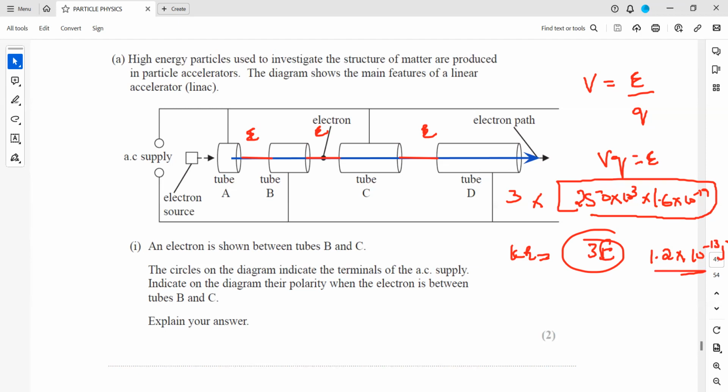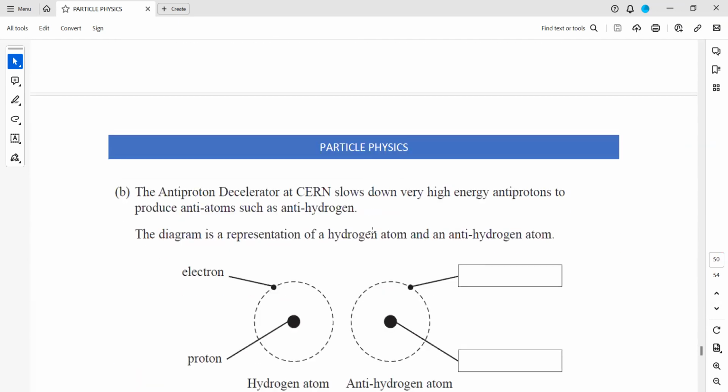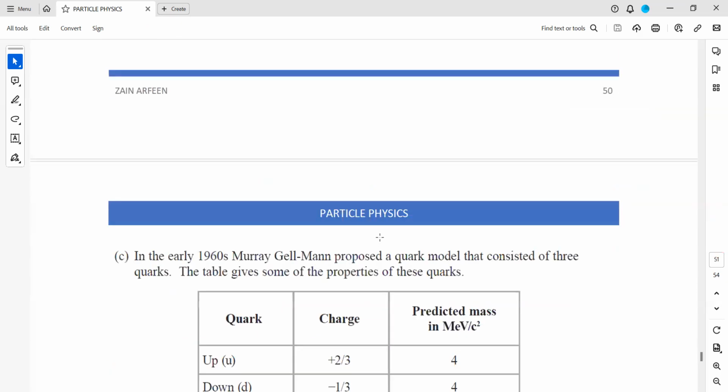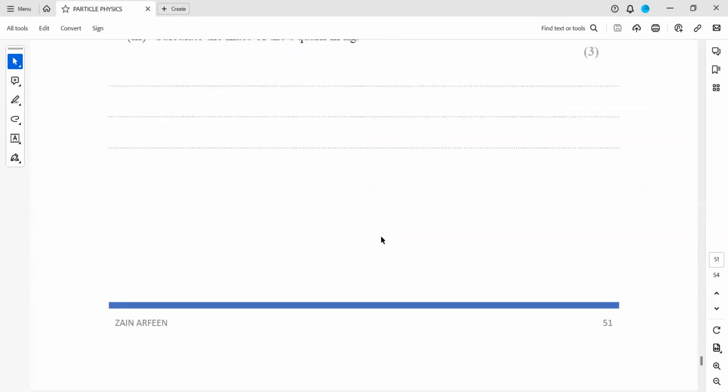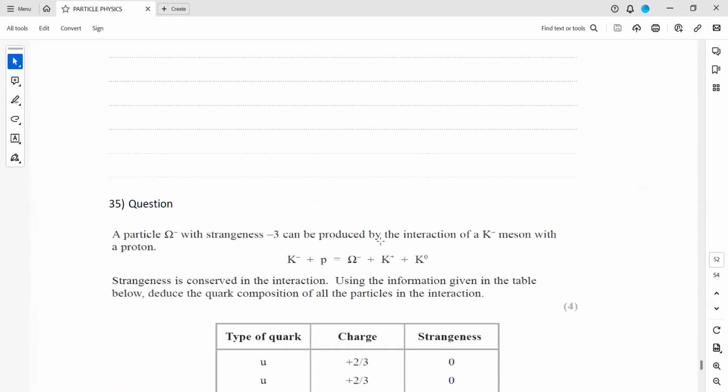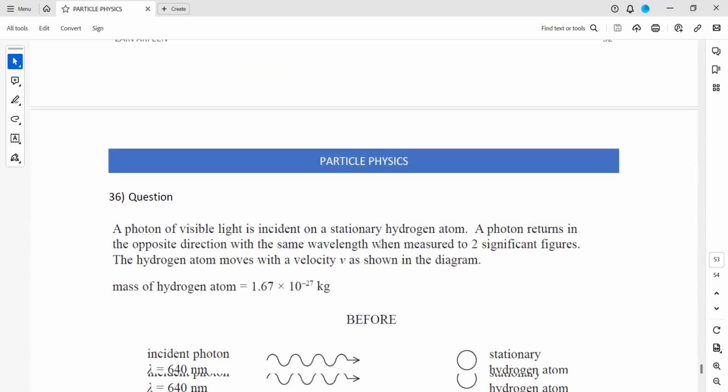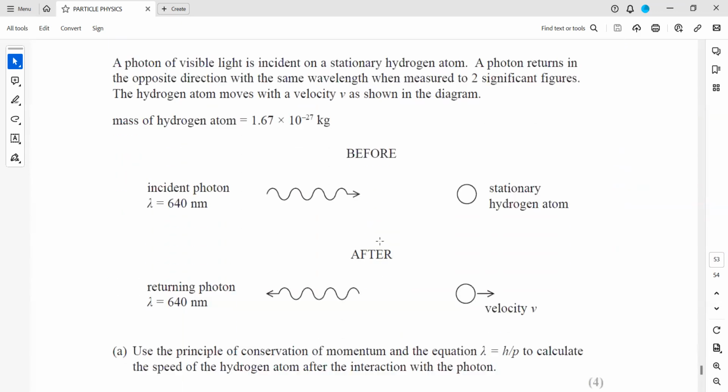Next is page 53, question 36. A photon of visible light is incident on a stationary hydrogen atom.